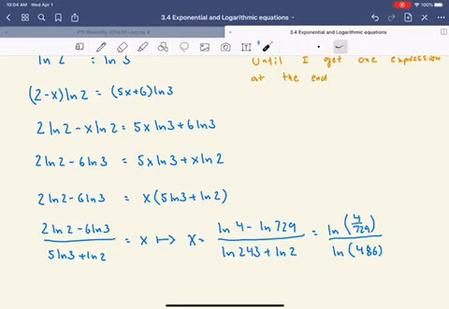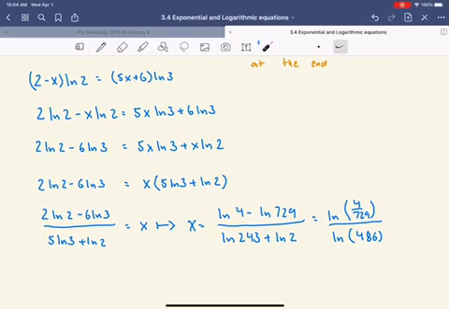I'll just do that real quick. 4 over 729 divided by 486, and I get negative 0.8414.